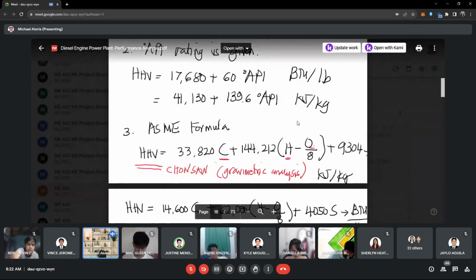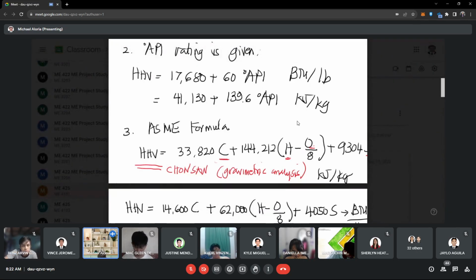Say for example, you are given your ultimate analysis, say your carbon is 80% carbon. So we can multiply here, yung carbon natin dito is 33,820 times 0.8 or 80 over 100. Kasi percentage ito, so it should be 80 over 100 kaya 0.8.